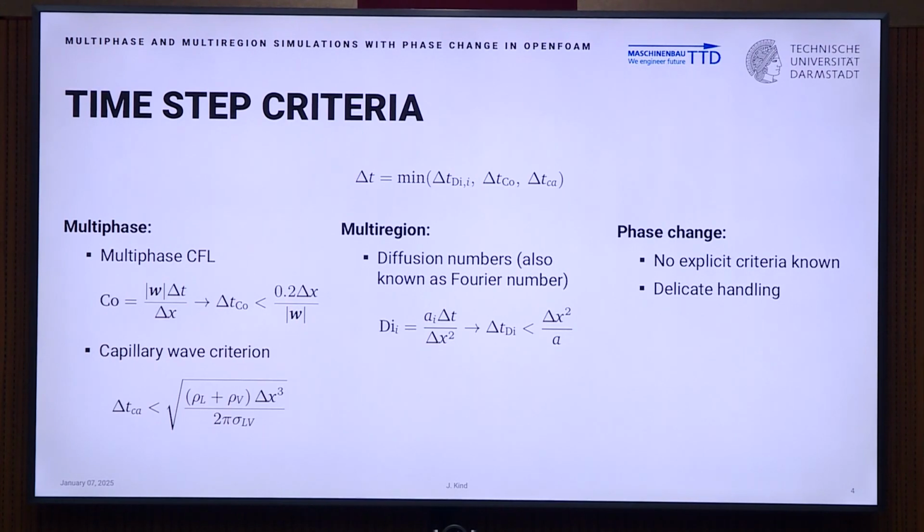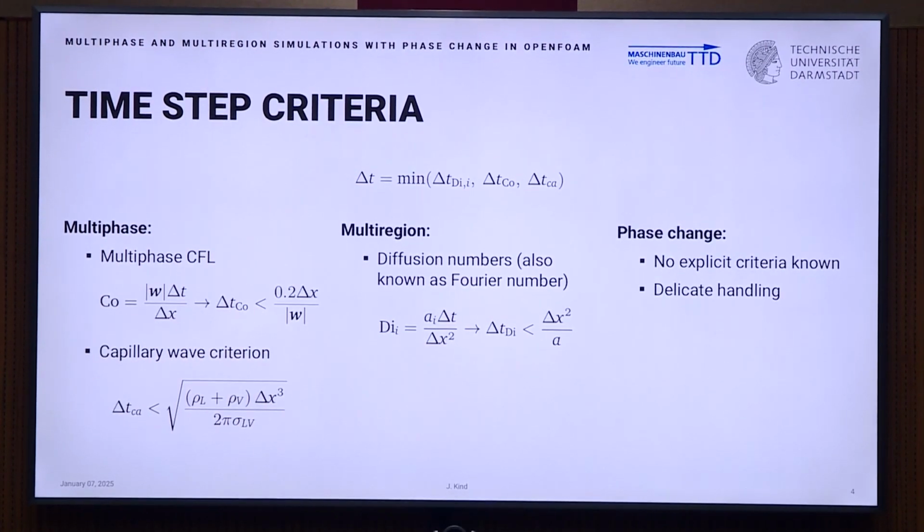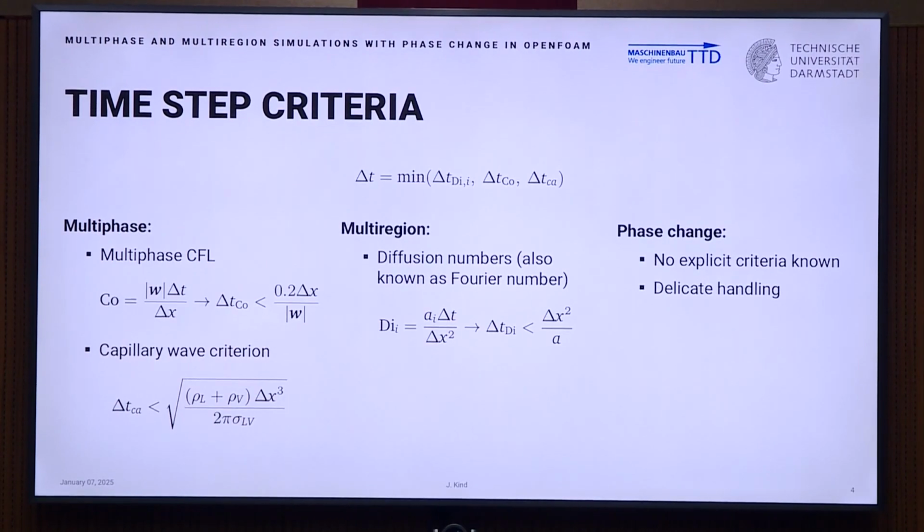So how much distance is the thermal diffusion traveling compared to the cell size? And unfortunately, although the phase change source terms are actually explicit, there are no time step criteria for it. And this is one of the reasons why these kind of simulations have a delicate handling.